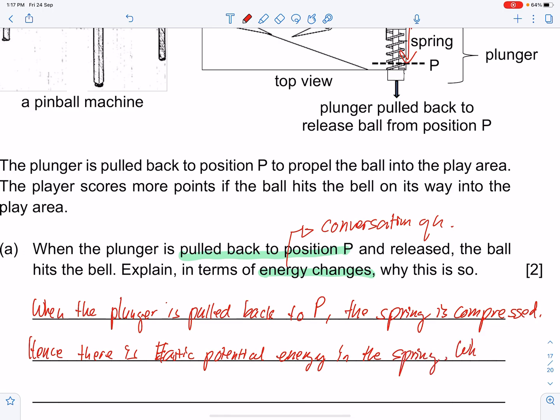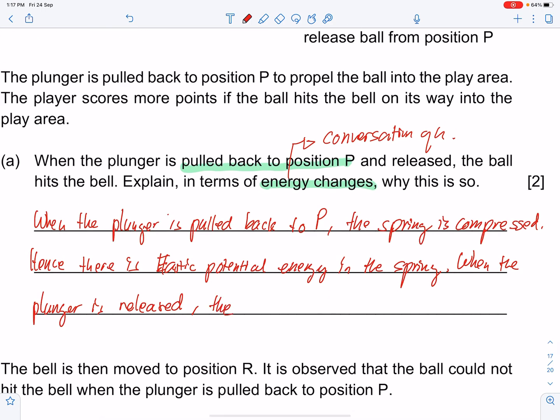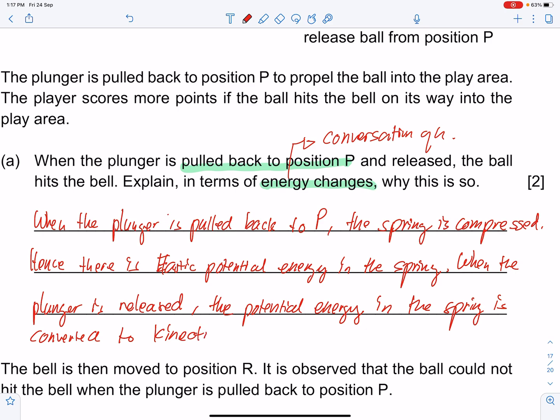So when the plunger is released, the potential energy in the spring is then converted to kinetic energy. You think about it, that allows it to move the ball.